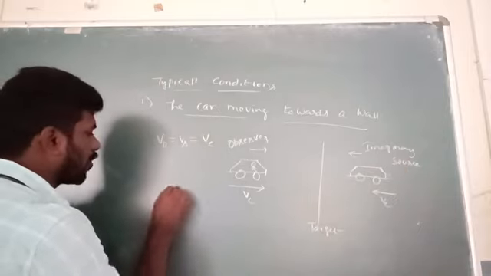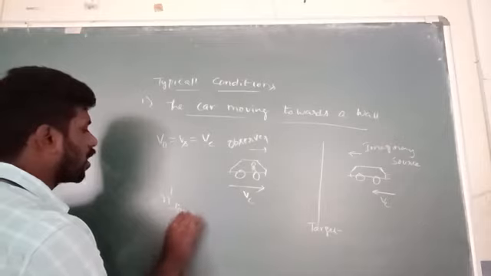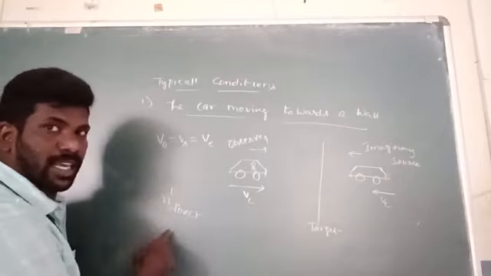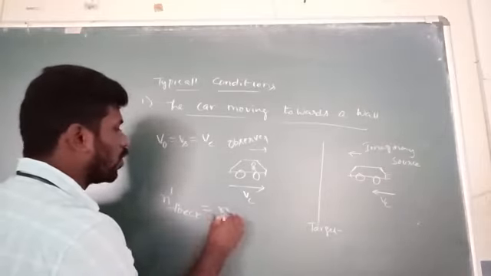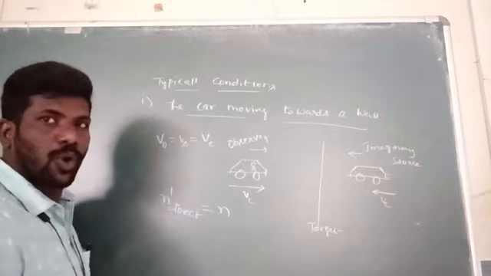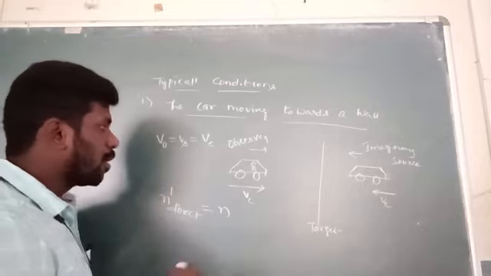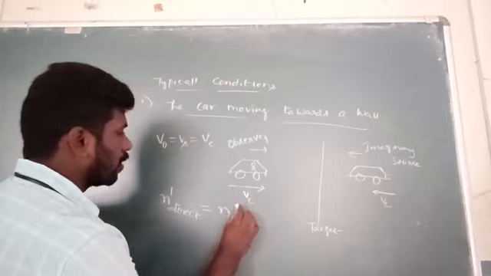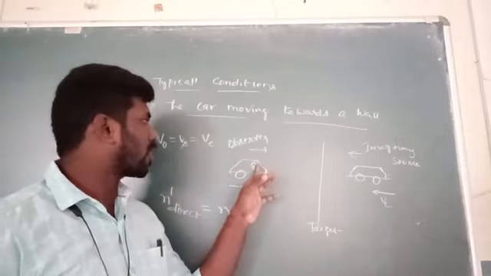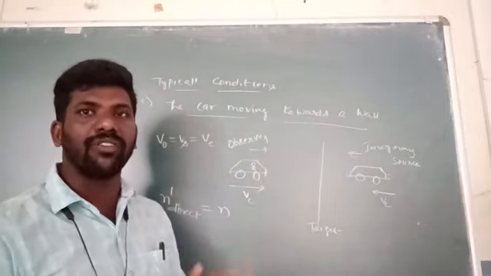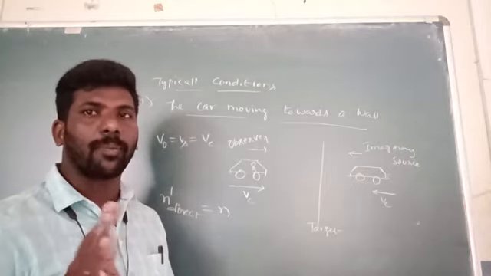Here the apparent frequency heard by the observer directly, that is n dash direct, is equal to n. There is no condition for velocities, because whenever the observer and source travel with the same velocity, there is no Doppler effect.